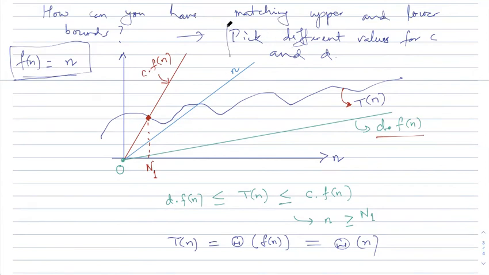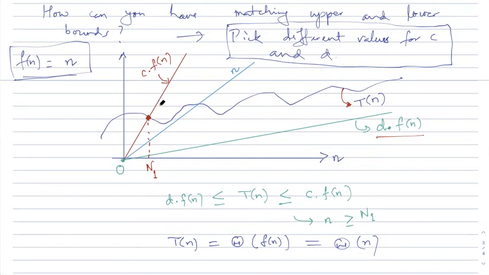That's why the key thing is to choose different values for c and d, two different constant values. When you choose c to be another constant value, then it is going above beyond this value of n equal to n1, right? So therefore, this d times f of n is acting as a lower bound, and c times f of n is acting as an upper bound.